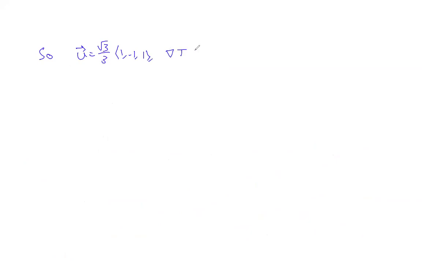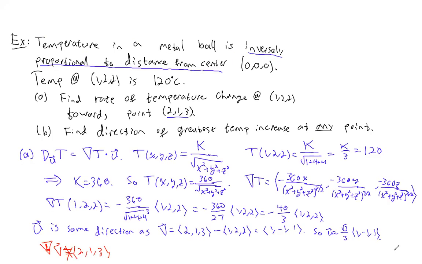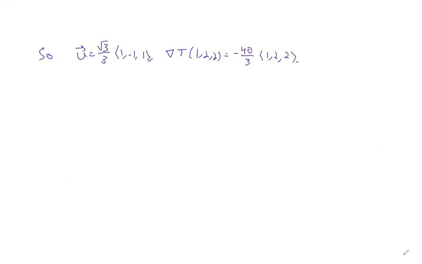And the gradient at our point 1, 2, 2, we said was negative 40 over 3 times 1, 2, 2. Let me just make sure that I got those correctly from what I wrote down before. And yes, I did. Good.